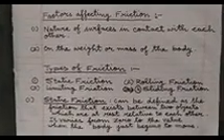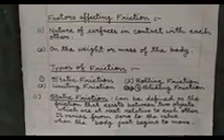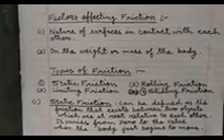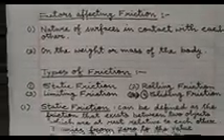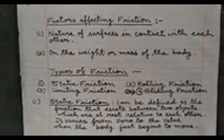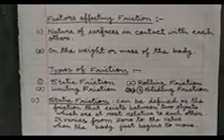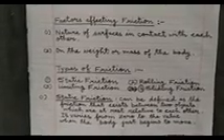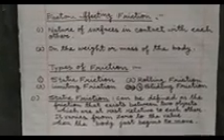Next thing which is important for you to know is what are the various factors which affect friction. There are two factors which are very much responsible for affecting friction. First is the nature of the surfaces in contact with each other. Here, nature of the surface means that the surface of the object may be either smooth or rough.